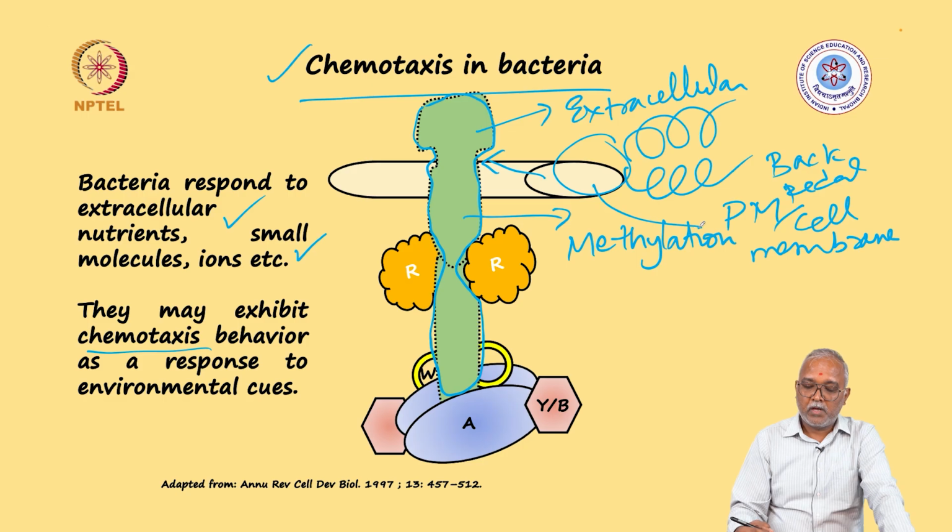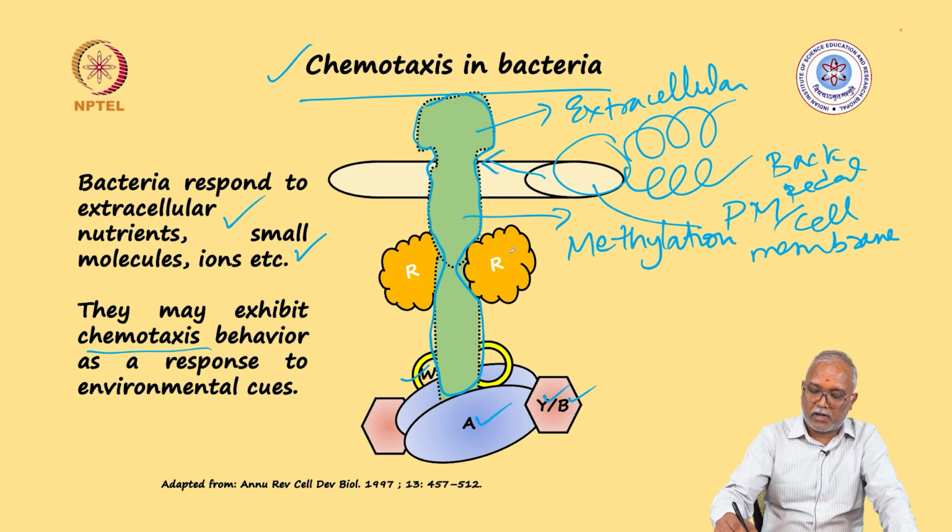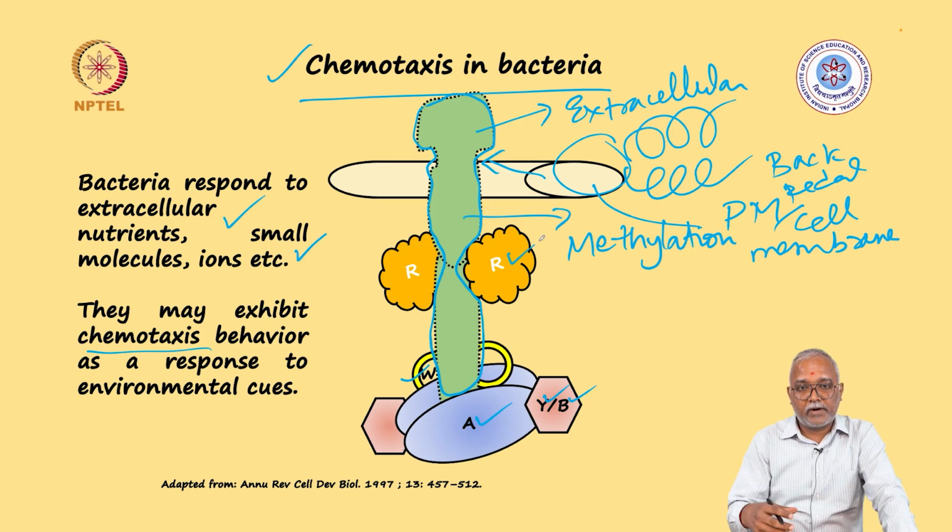chemotaxis event. So the important molecules here, you will find that there are multiple proteins which are named A, Y, B, W and R. These are the components of the two component system which bind to the receptor or adapter and help mediate the response. So small molecules, whether they are amino acid derivatives or some sugar, actually trigger this adapter molecule.